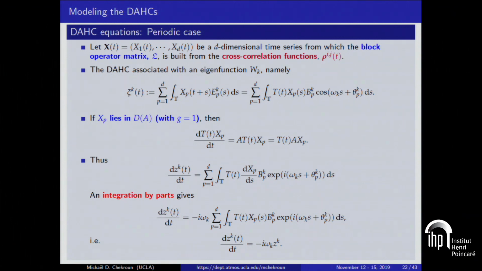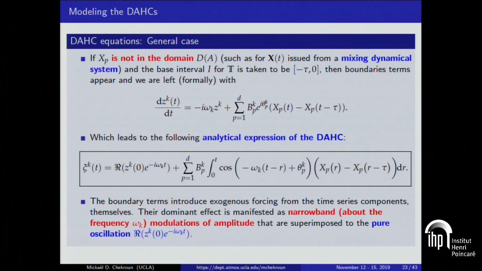But focus on the, if you look at these DACs, there is a mathematical expression, and they come in pairs. So if you sum up one DAC with i times the corresponding one that comes in pairs, you have a complex variable, and for a periodic signal it obeys a very simple equation, which is just a pure oscillation.